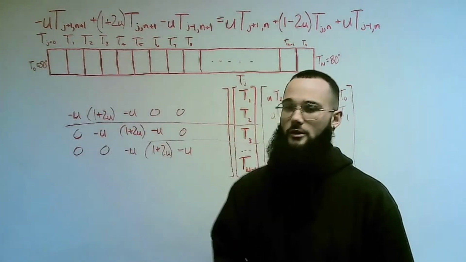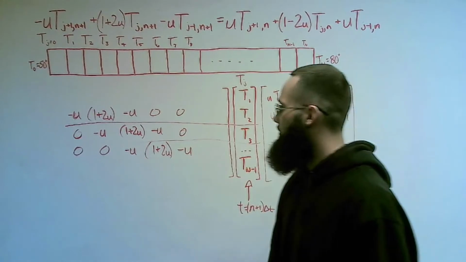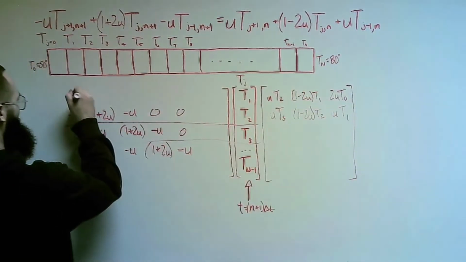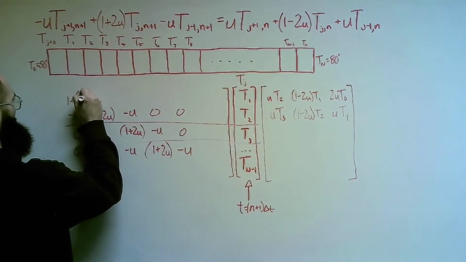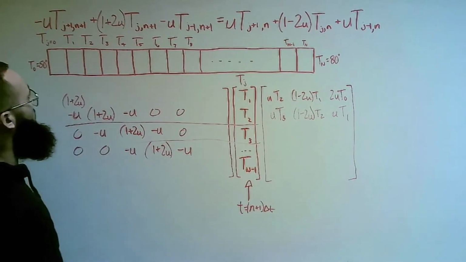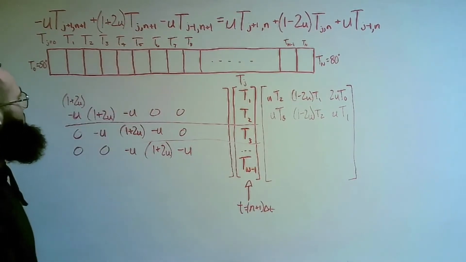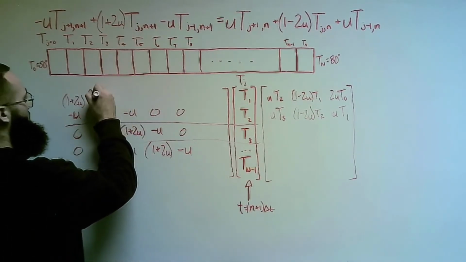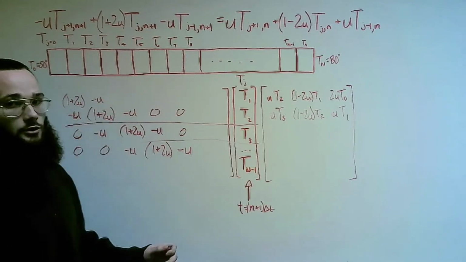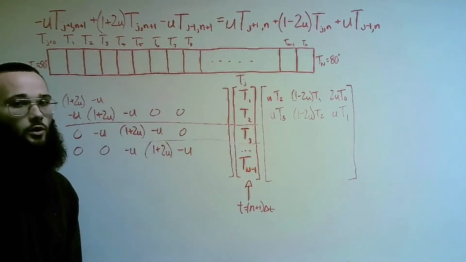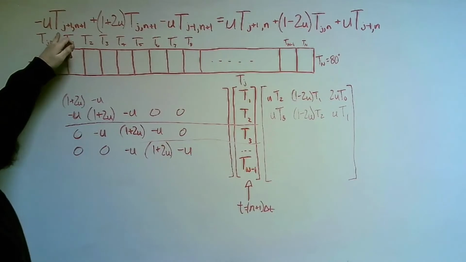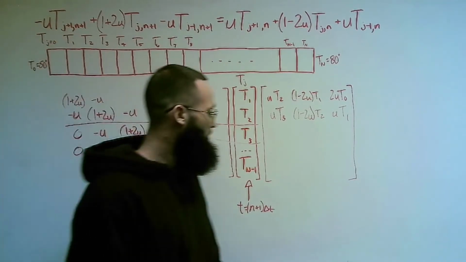And now, if we go to the other side for T1, we can do the same thing. So we know we're going to have 1 plus 2u for the T1 value, and we're going to have negative u for this Tj plus 1 value.